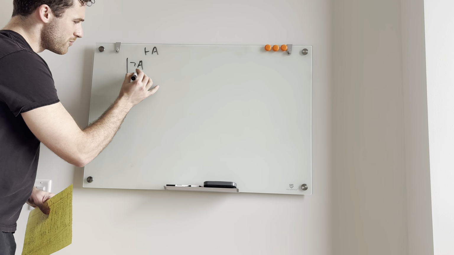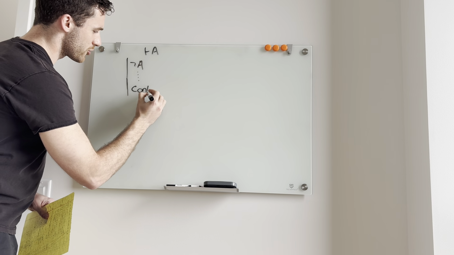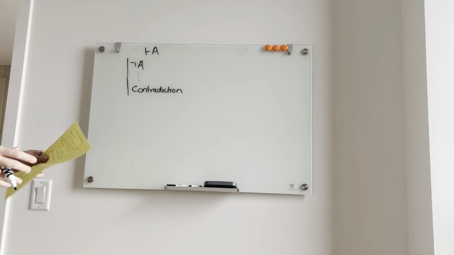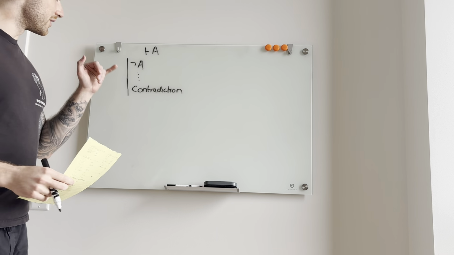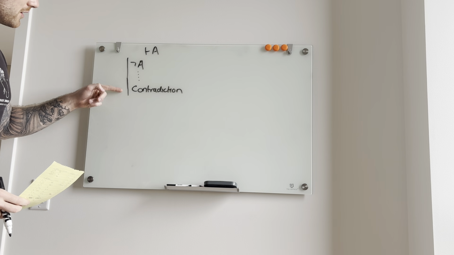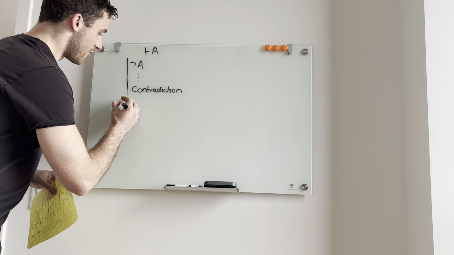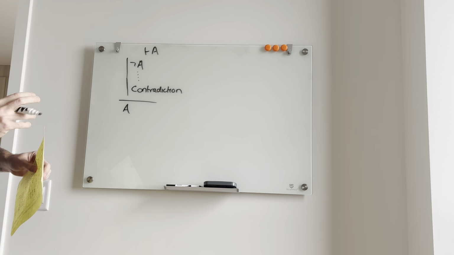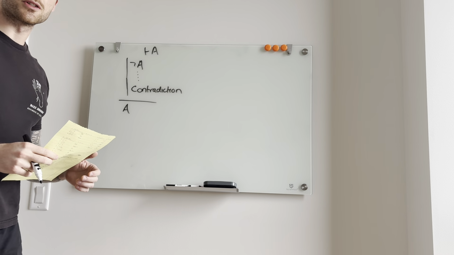So then if you assume the opposite of A and you end up with a contradiction in here, that tells you that there must have been something wrong with the assumption of not A. It led you into something logically impossible. And so on this basis, you can conclude A. You can take the negation off this and conclude the opposite of what you assumed.